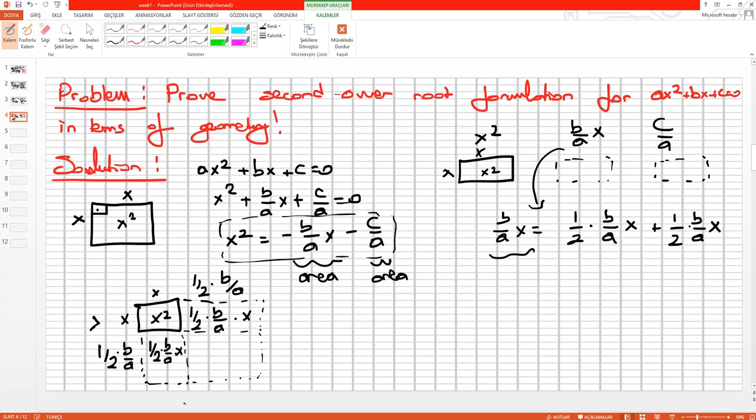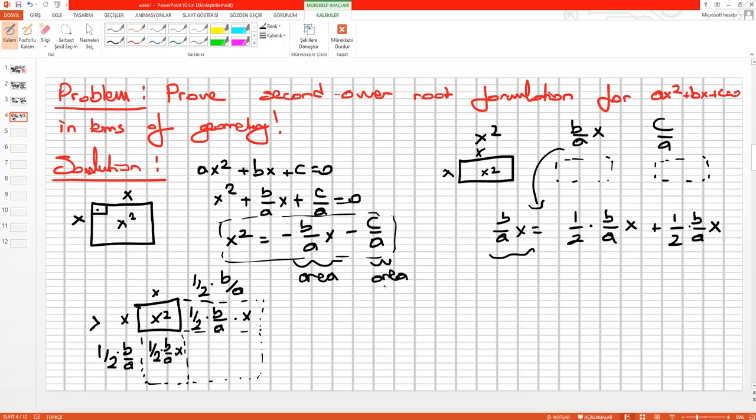And so what about that? We must complete this square, because if we have this information here, then we need to provide another square here, because we have the two roots. And also we have the area here. Okay?